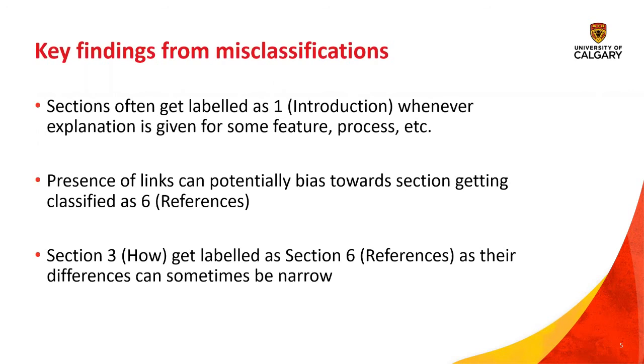In total, we have around 54 such instances. Second, the presence of links in a section could potentially bias towards the section getting classified as 6, which means references, more information, related projects, getting support, etc. We have at least 14 such examples.